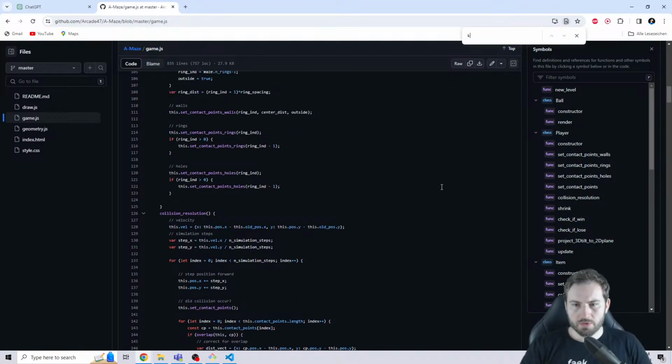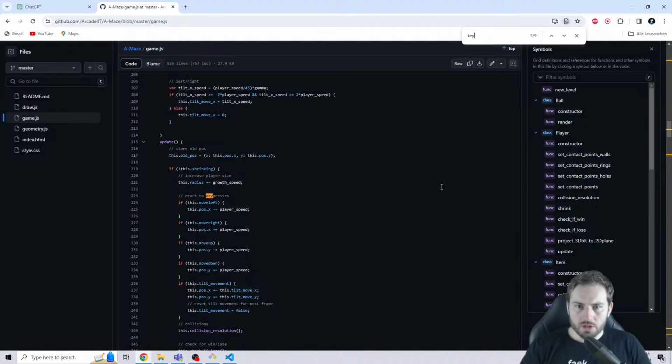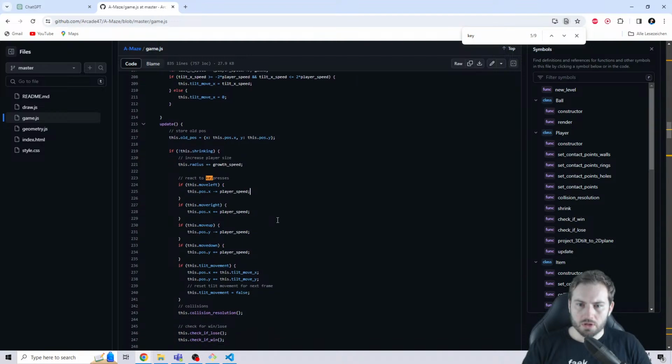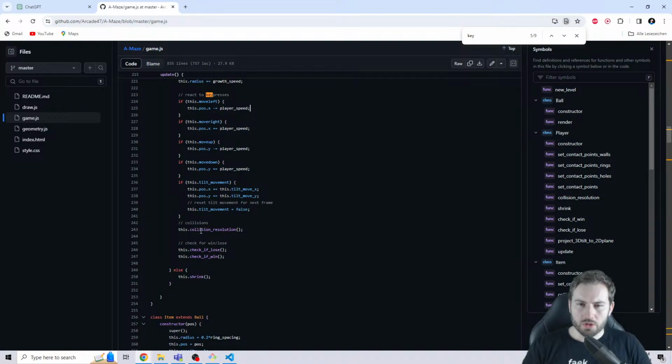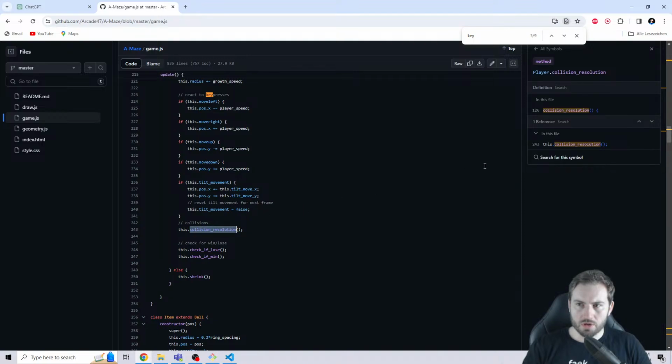So that was something about a key press. React to key presses. Okay, it really only moves the position. I see. This was rather easy. But how does it resolve the collision then?